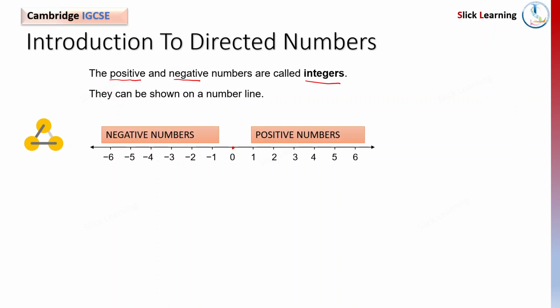So we can indicate it in this way on the number line. 0 is at the center, and if we go to the right side, those are all positive numbers, and if we go to the negative side, meaning the left side, that will include all negative numbers. The arrows show that it will continue forever, meaning it will keep on going. There are so many numbers yet to come. That is why we are showing arrows on both sides.